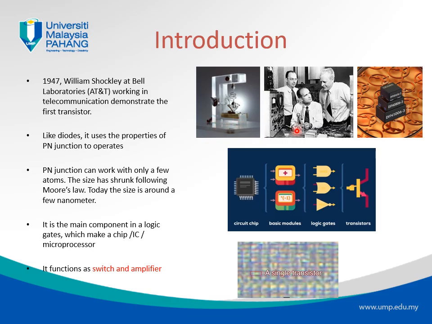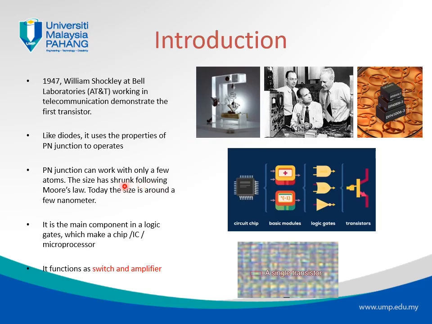As shown in the figure, it is quite large in terms of dimension, but now we know that the PN junction uses the properties of having extra electrons or extra holes in those regions. It means that it only needs a few atoms. Even if we only have a few atoms, a PN junction can work properly.